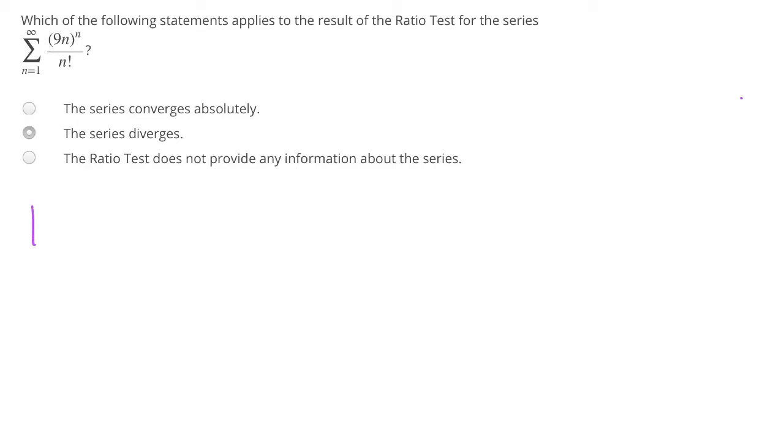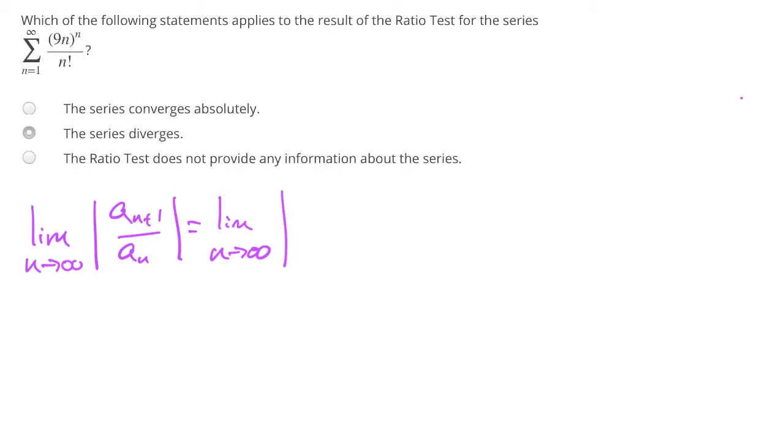And so we begin by looking at that ratio as n goes off to infinity of the absolute value of a sub n plus 1 over a sub n. And what happens in that case, we look at the limit as n goes off to infinity. So we have 9 times n plus 1, all of that raised to the n plus 1 power, divided by n plus 1 factorial.